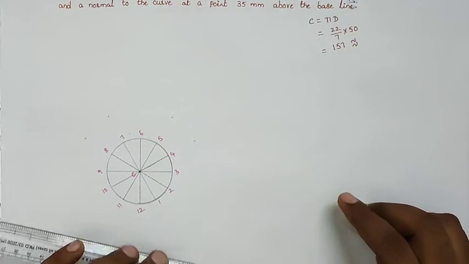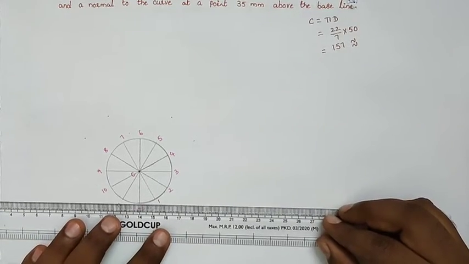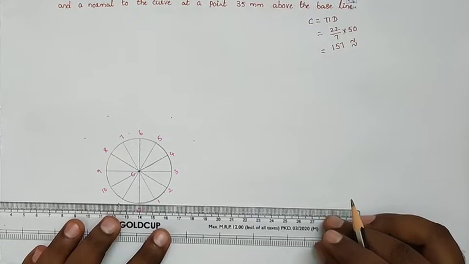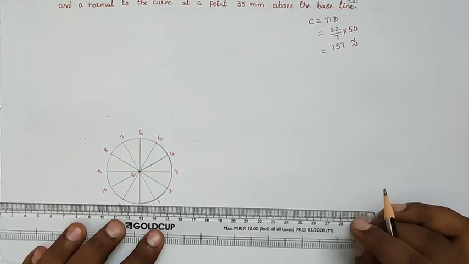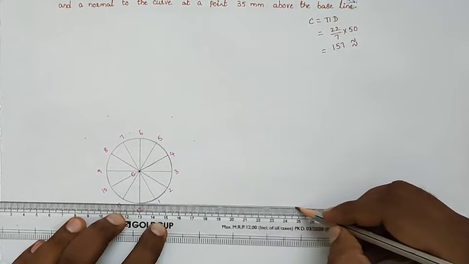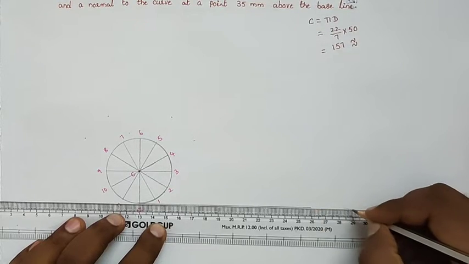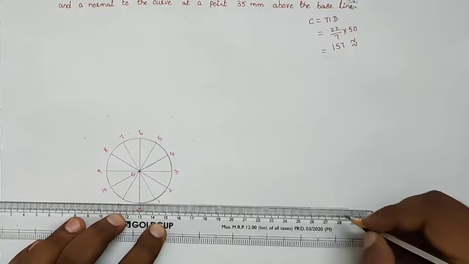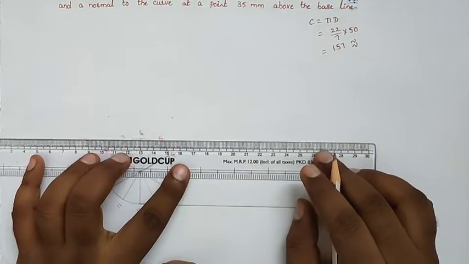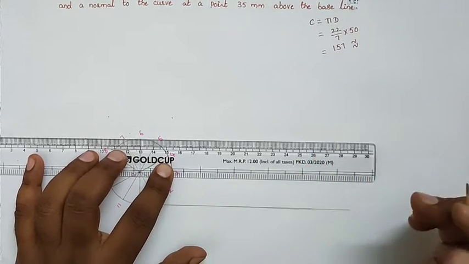From the fixed point 12, take the circumference length of the circle, 157 mm, and draw a horizontal line as the base line. After that, we will construct a box: through 6 also we will draw the 157 mm line and construct a box.